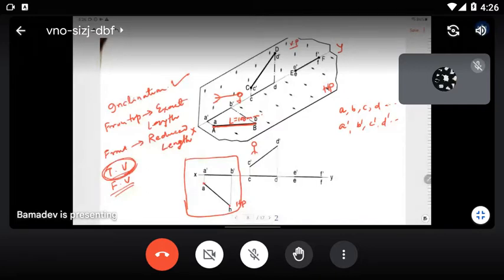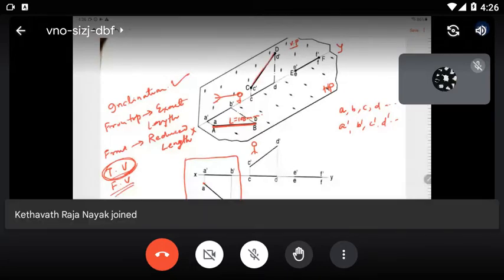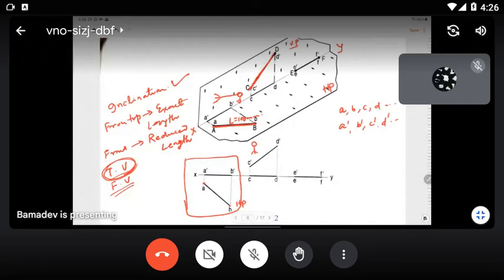Similarly, the straight line CD is lying in the VP. When it is lying in the VP, it is obvious that it will be parallel to the VP. Yes or no?